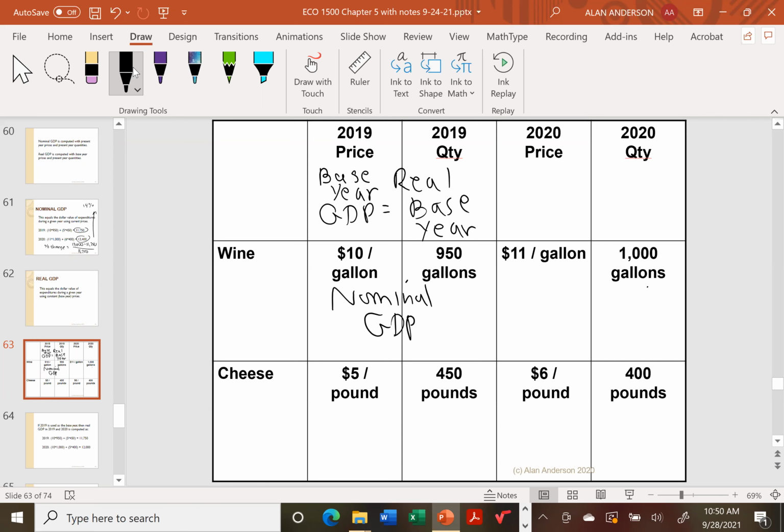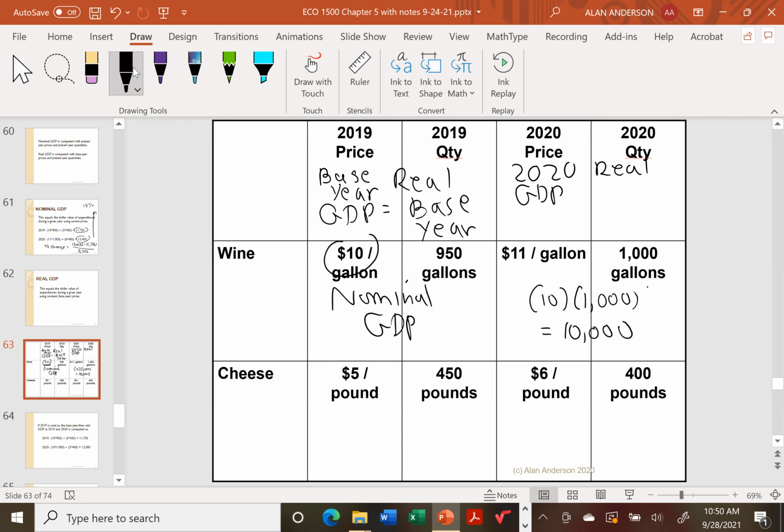It's when we get to 2020 that there will be some important changes. So the wine, if you come over here, you'll see that in 2020, we made 1,000 gallons of wine, but we're going to use the 2019 price of $10. And then we're trying to figure out 2020 real GDP here.